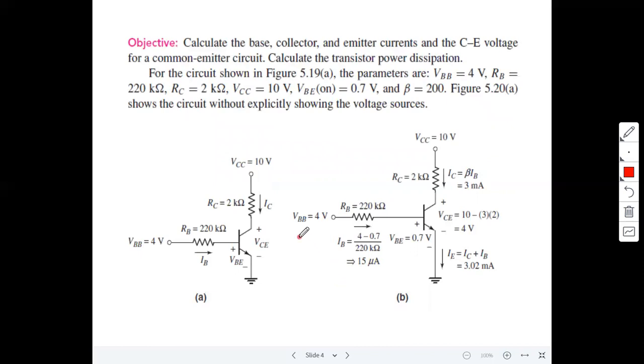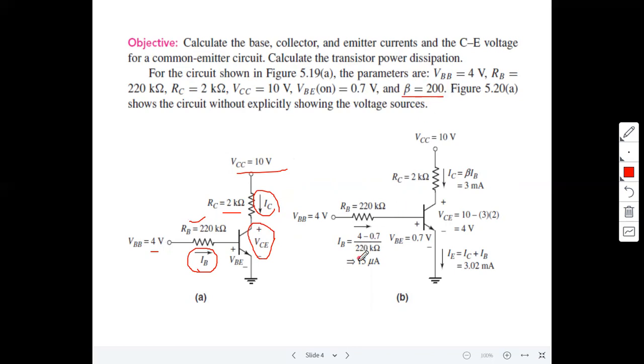Already we discussed this problem. Again, we repeat here. These are the given values: VBB, VCC, RC, and RB. From that, find the unknown quantities. What are the unknown quantities here? IB is unknown, IC is unknown, VC is also unknown, right? And consider beta is equal to 200.